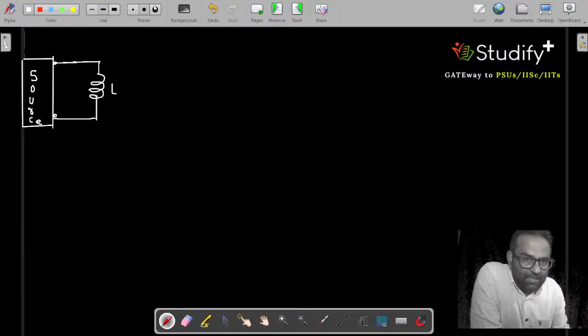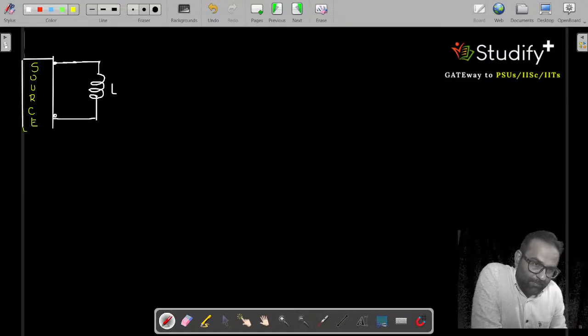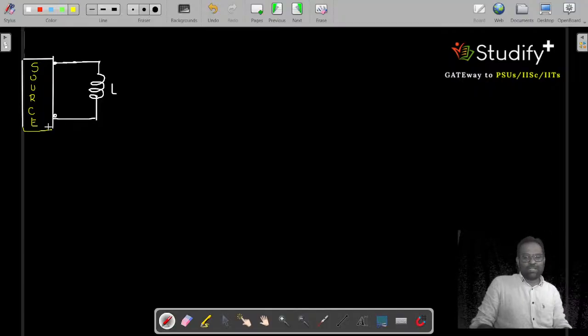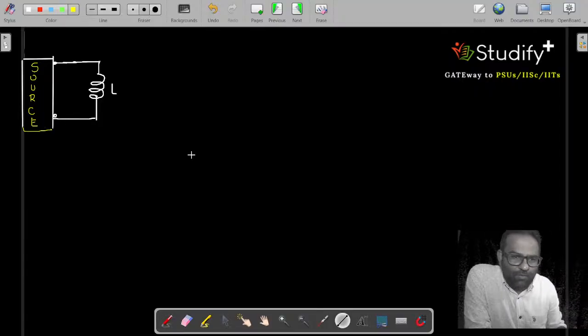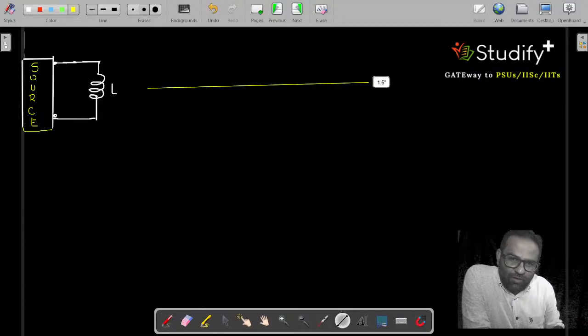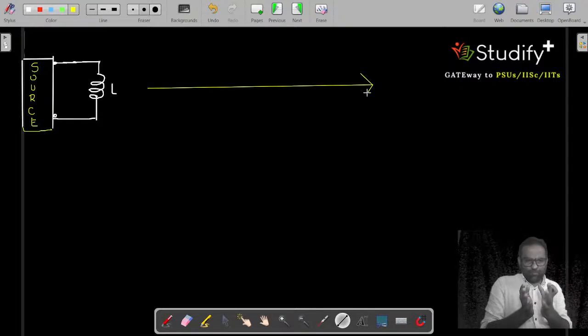Some source is connected to the inductor, and let's say it is connected for a long duration.